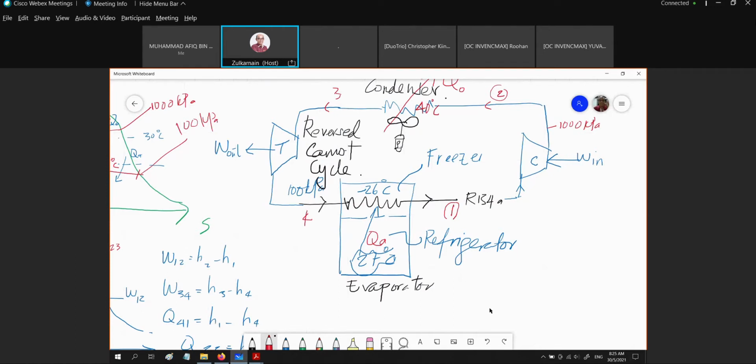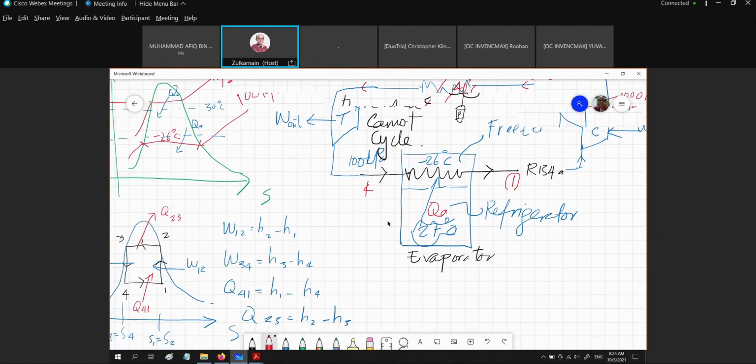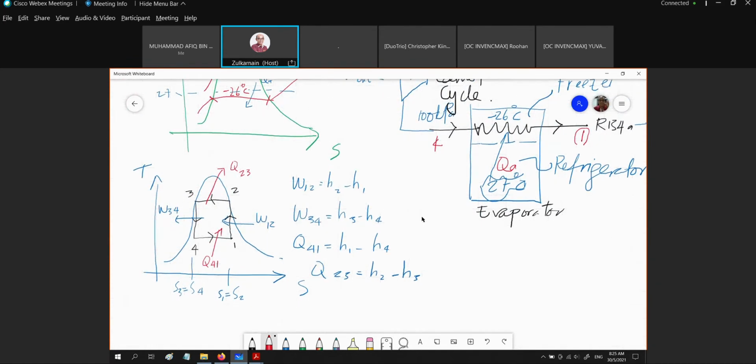So this is what we call the reverse Carnot cycle. Then we are going to use this to have the cooling effect. So the cooling effect is at 4 to 1.